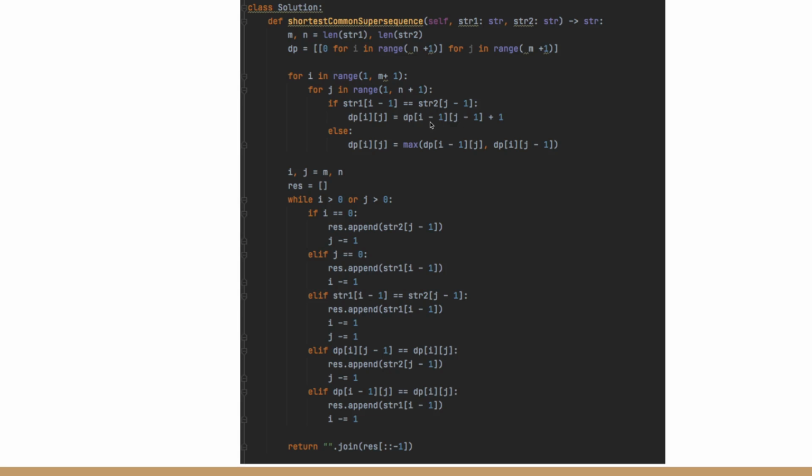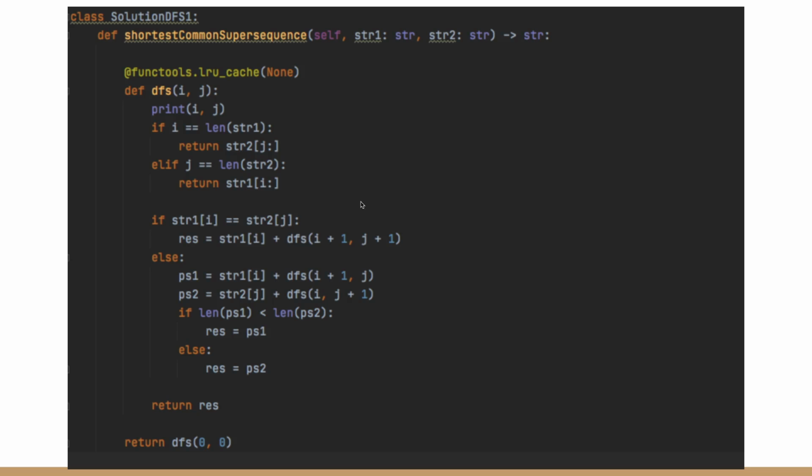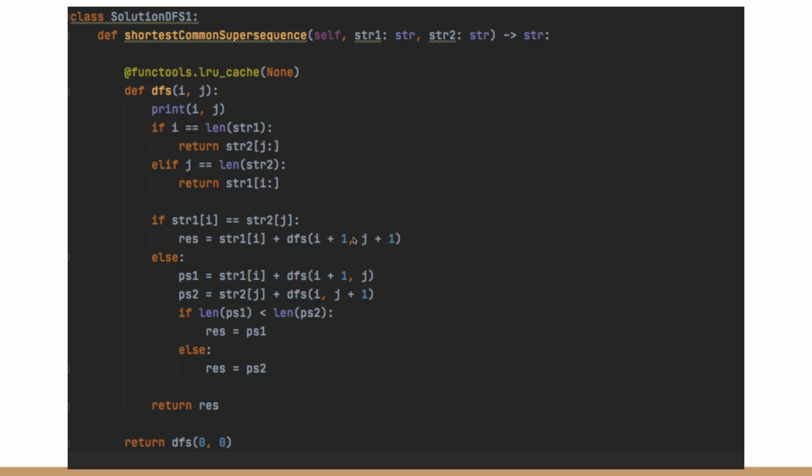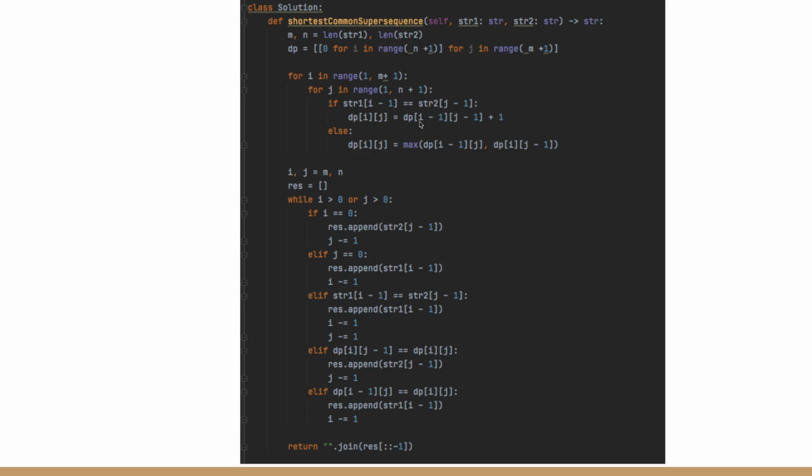I actually didn't explain the bottom up approach, but this represents the previous steps. When i decreases by 1 and j decreases by 1, that was the previous condition, so they plus 1. That's the same thing as right here. But we're building up from smaller problems to bigger problems, while this one breaks down the bigger one into smaller ones.